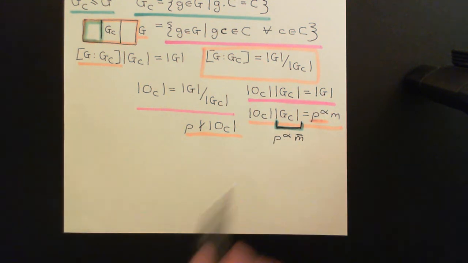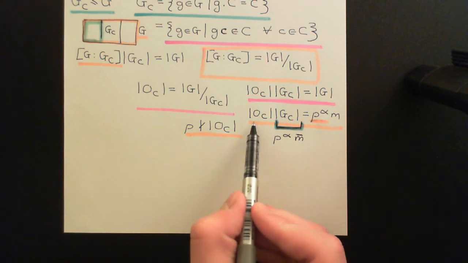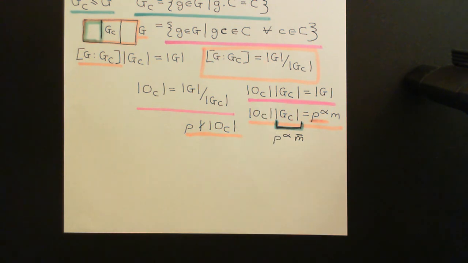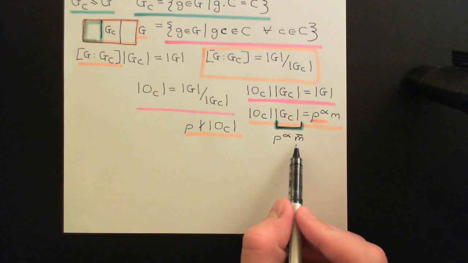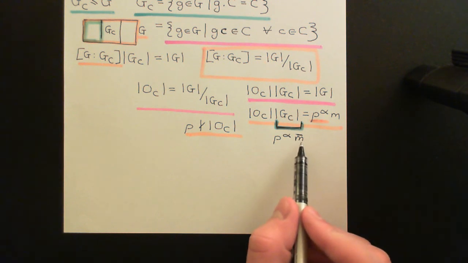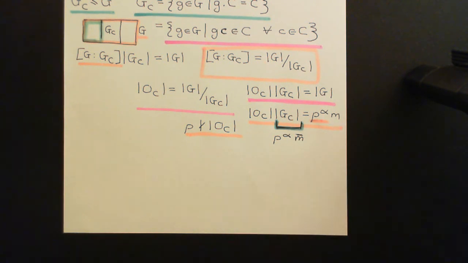All I know is it has to contain the p to the alpha because there's no power of p in the order of the orbit of C. What I now need to show is that this m bar is 1. It doesn't contain any of this m bit, it is just p to the power of alpha, and then I will have done.